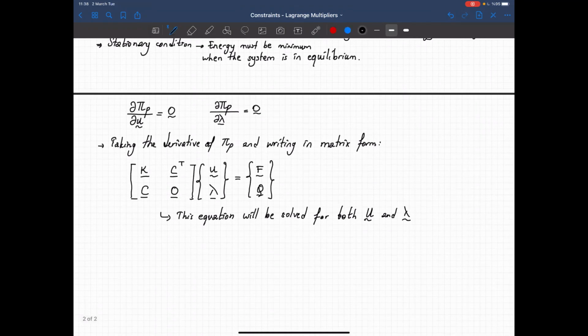And we will see what that really means when we work on the example problem.